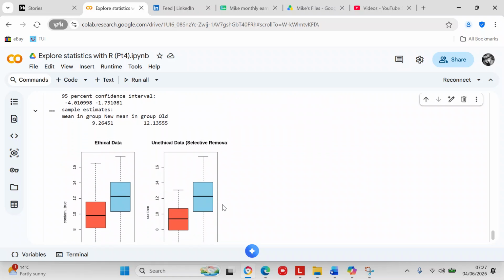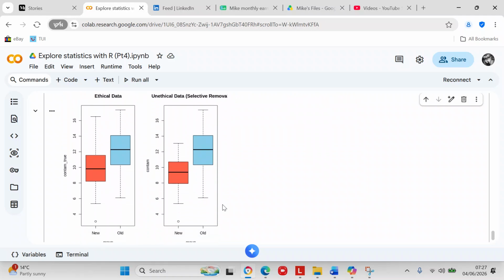So these are the box plots that we have created. You've got one box plot for your ethical data and one box plot for the unethical data.